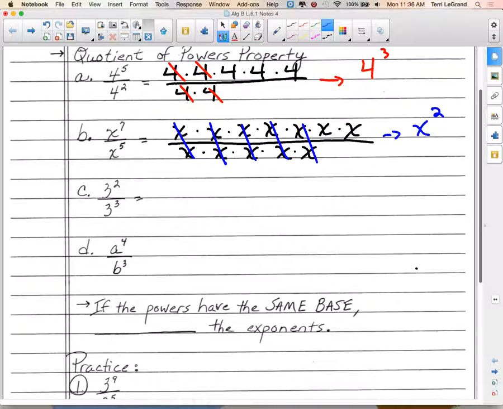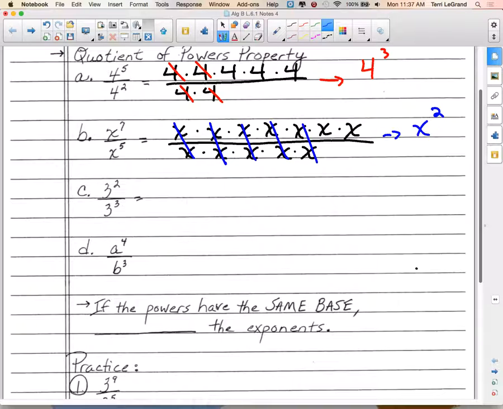Okay. So, Tori, what do you think the shortcut is? Subtracting. Subtracting what? You subtract the top exponent from the bottom exponent.